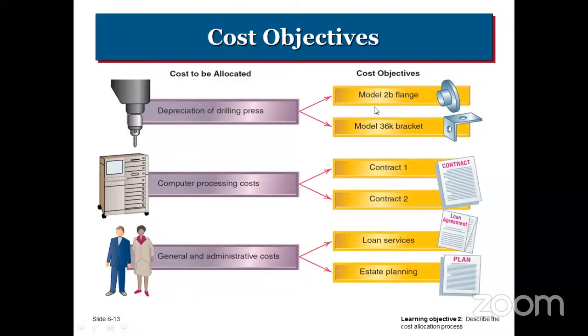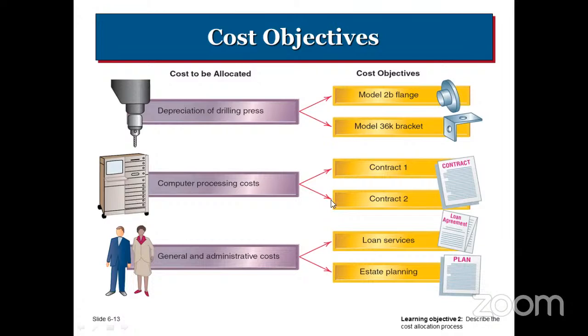So how is the basis of allocation? It's your choice. That means here is something called the allocation base. You can choose hours of machine. You can choose whatever you like, but it must be relevant, not simply choose something not relevant. Then the computer processing cost, you have to assign to the cost objective, contract 1, contract 2 until contract 50.